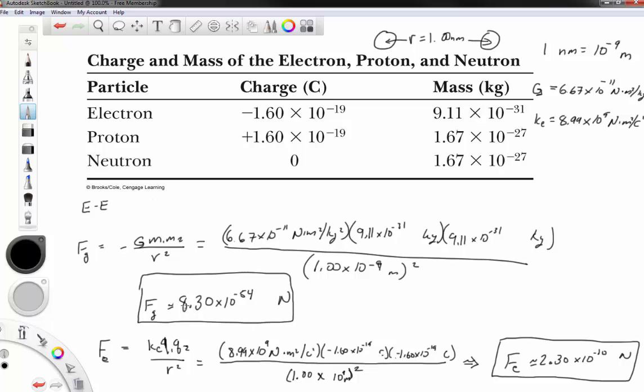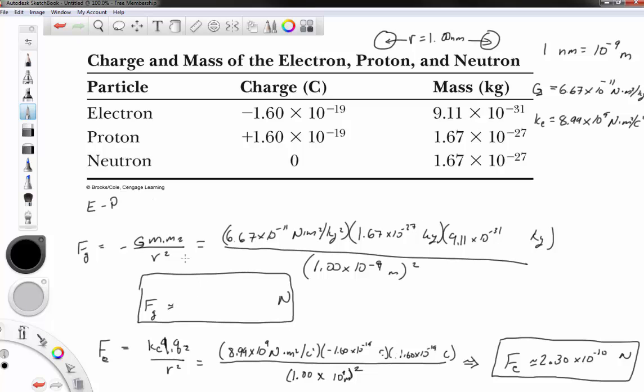The one that's really interesting, though, is the force between a proton and an electron, because that's basically the force that you get in a basic hydrogen atom. So let's look at that one. In that case, we use the mass of both. So this guy is 1.67 times 10 to the minus 27.